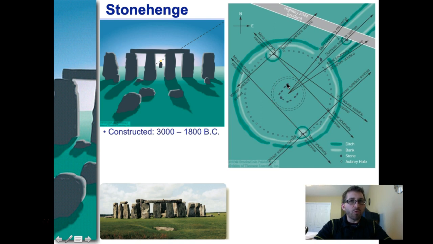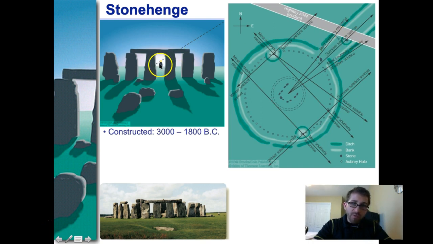But what a lot of people don't realize is that these stones out here, called the heel stone, as well as these two stones here, have a very important astronomical significance. As you can see, it says here in the diagram that the summer solstice sunrise is going to fall right over that heel stone, which is this right here.